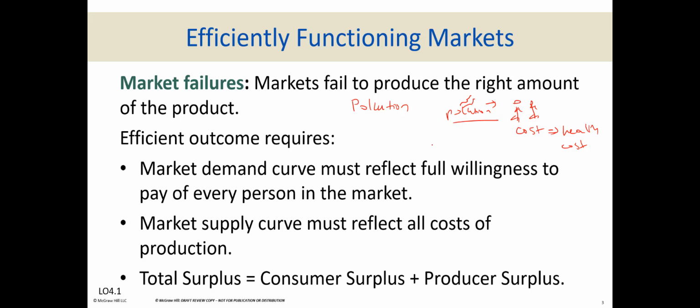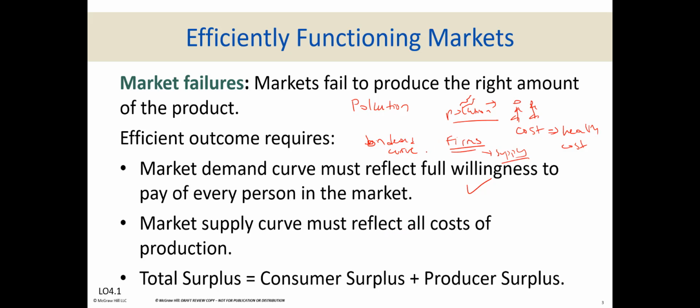And energy production is by a company, as I said, firms. These firms have their cost to produce energy, so that is reflected in the supply curve. The supply curve represents the cost to the firms. Willingness to pay is on the demand curve. The market demand curve must reflect the full willingness to pay of every person. The market supply curve must reflect all costs of production.